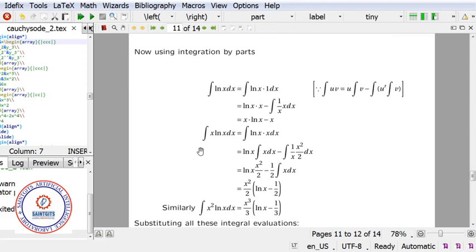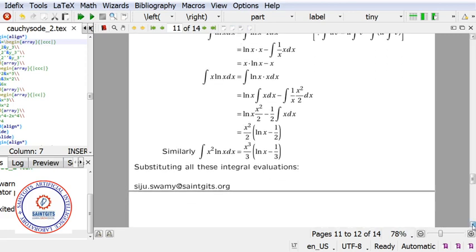Similarly, we apply the integration by parts for the third term, integral x square into ln of x dx. We got almost similar, but there is a pattern that we can observe in this integral: in the place of x square by 2 I got x cube by 3 into ln of x minus 1 by 3. So x into ln of x minus x, square by 2 into ln of x minus half, and x cube by 3 into ln of x minus 1 by 3.